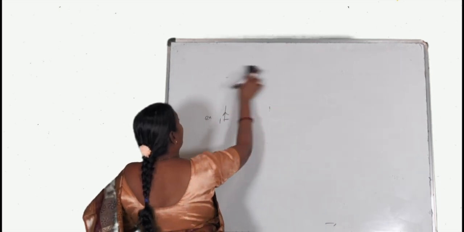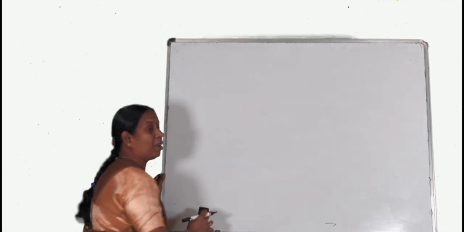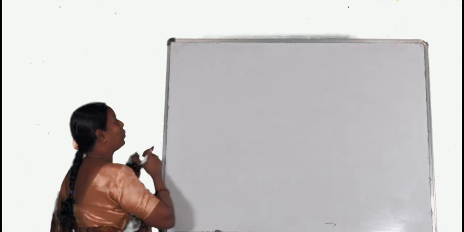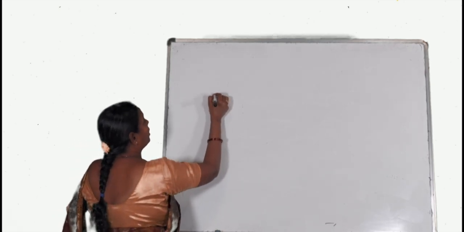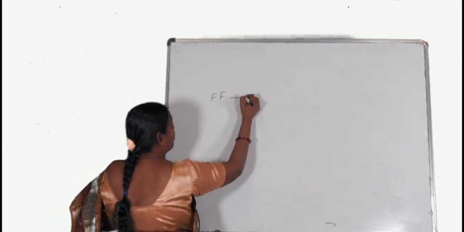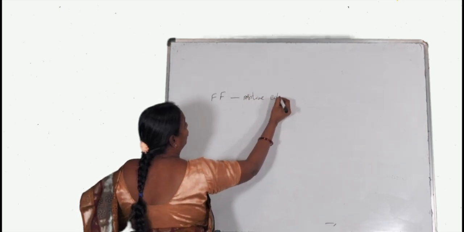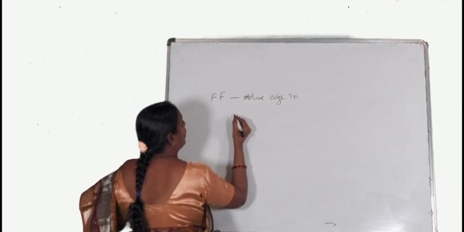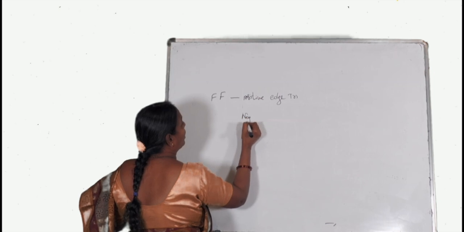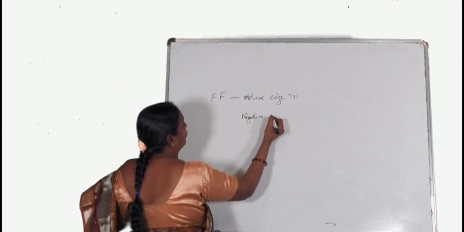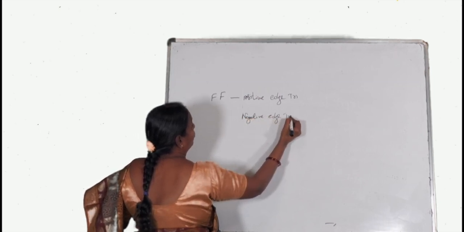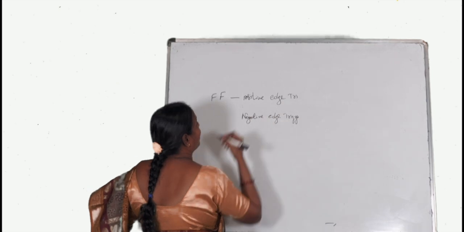Next we go for flip-flops. Already we have mentioned that flip-flops are edge triggered. We have two types of edge triggers: one is positive edge trigger and the second one is negative edge trigger. What is meant by positive edge triggering?